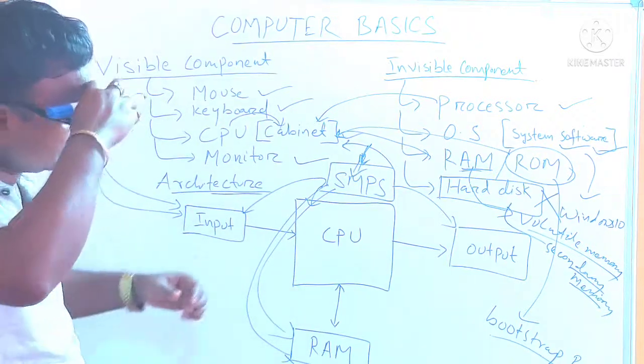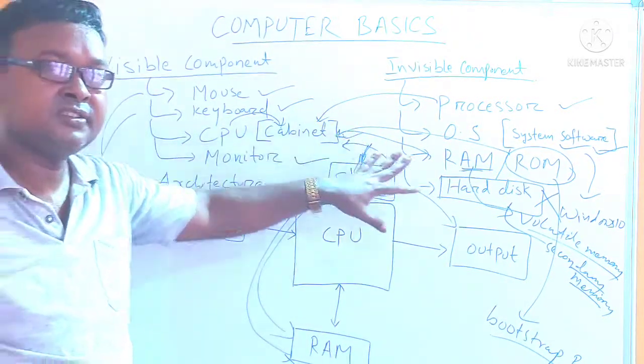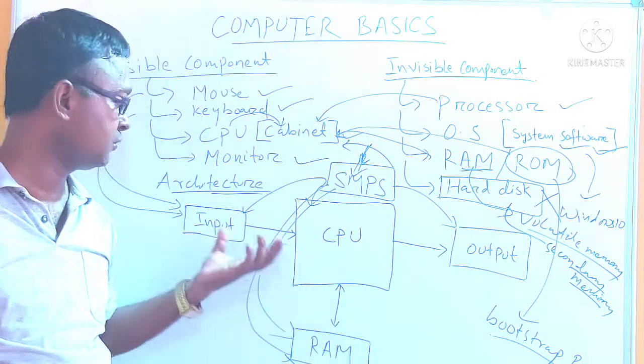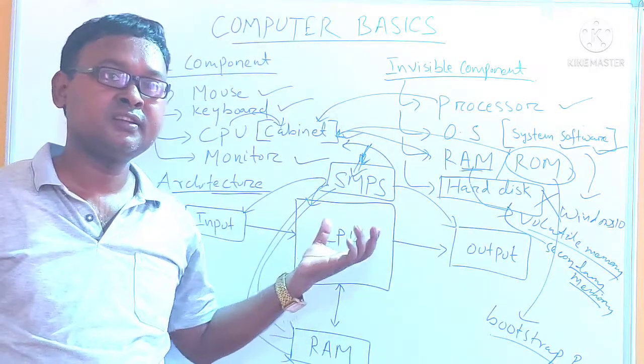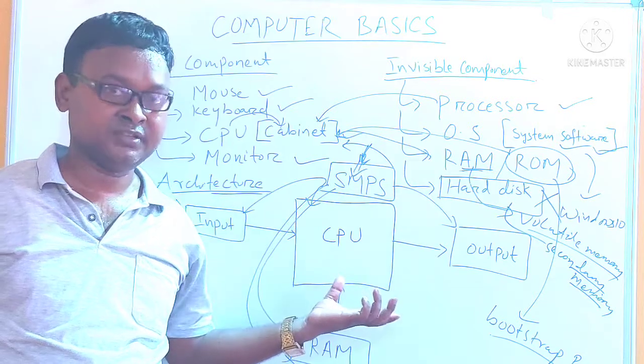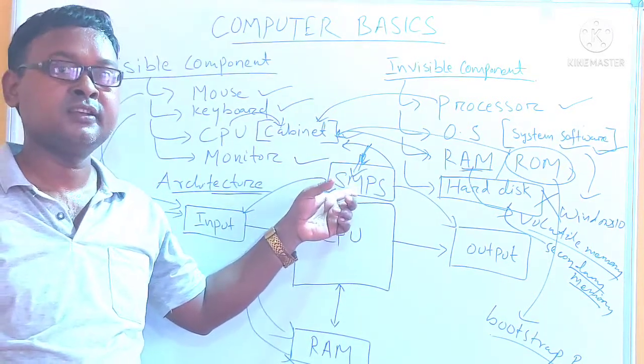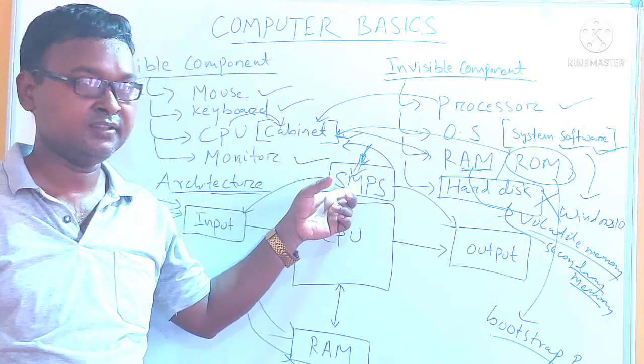So the SMPS will be uniformly distributing the power or the voltage to each and every component that is attached to your computer system. That is the responsibility of the SMPS.